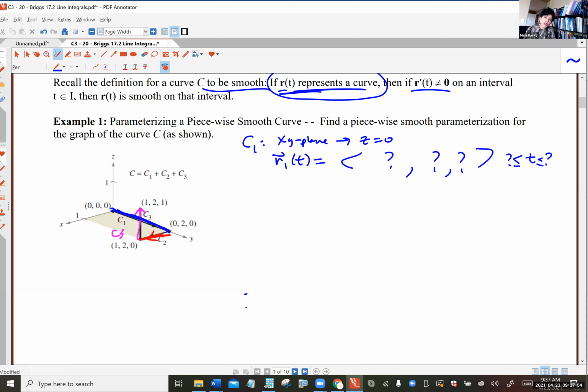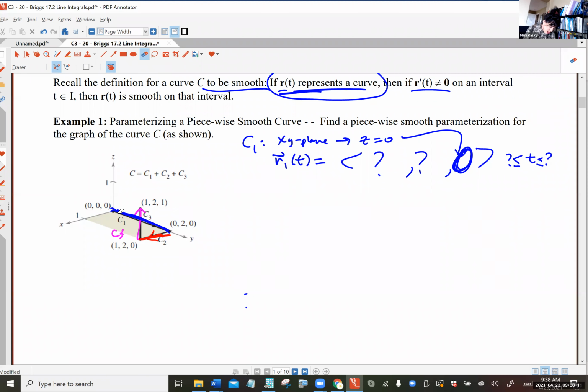Everywhere I'm putting question marks. No guessing. The good news is the third component is going to be 0, because curve 1 is just flat in the XY plane. But what about the x and y though? What the heck am I going to put there?